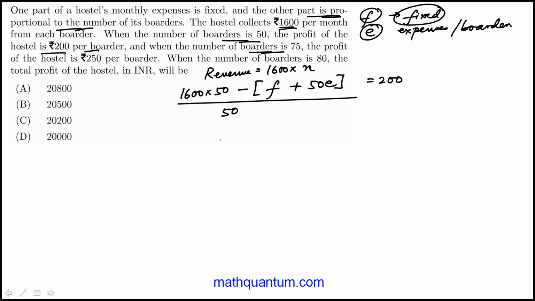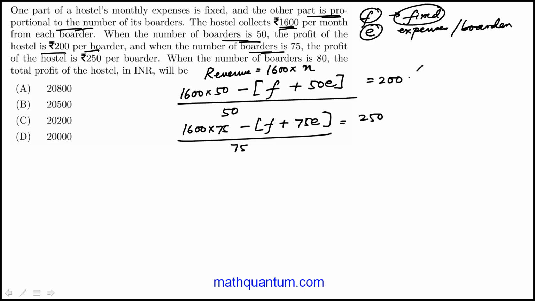We'll have a similar setup for the second case, which would be 1,600 times 75 minus F plus 75E, over 75, is equal to 250. So I have my two equations and two unknowns, and I can use that to figure out F and E, and then answer this question.